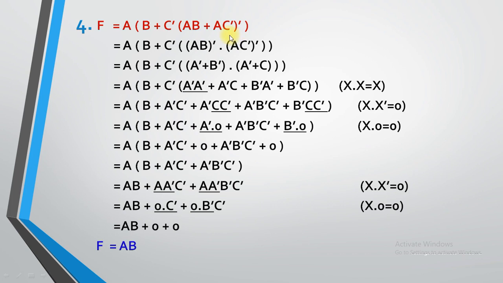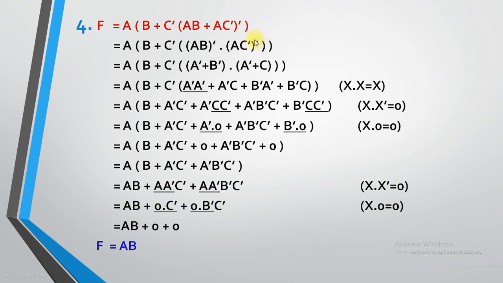Now what you need to do is open this bracket. For that I need to apply the whole dash on AB plus AC dash. So AB whole dash, when I apply complement, at that time I need to convert the gate. So instead of plus, I need to apply the multiplication sign, and AC dash whole dash.